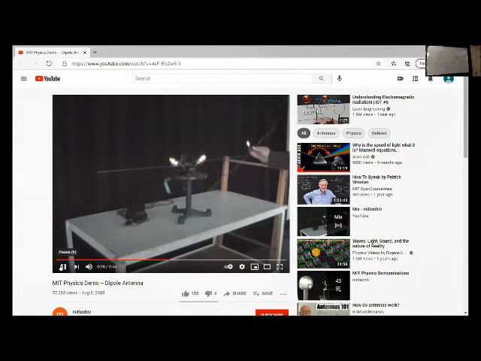The light bulb is being lit. Is the light bulb connected to the power source? Yes, it's being lit. It's now coupled to the power source. Where's it getting its energy from? From the power source. Yes. So we would say it's connected to the power source, right? Has to be.